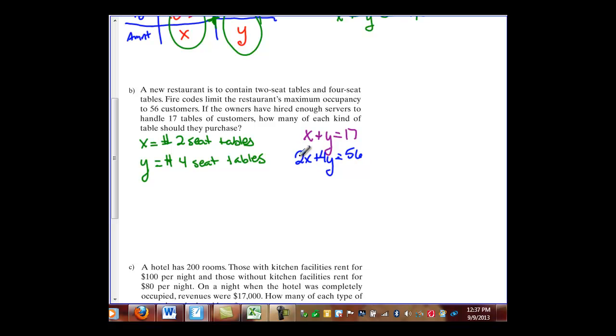So 2 people at every 2 top plus 4 people at every 4 top can equal 56 people in total. One of the things that I do to double check myself is I make sure my units are the same on both sides of an equation. So in purple, we have tables on both sides, so number of tables, number of tables. And on the bottom, we're talking about people. So there's 2 people at each x table and 4 people at each y table for 56 people in total. Is that okay?